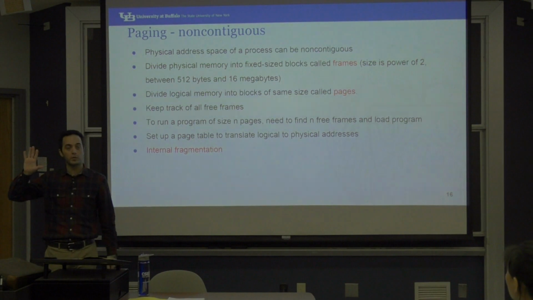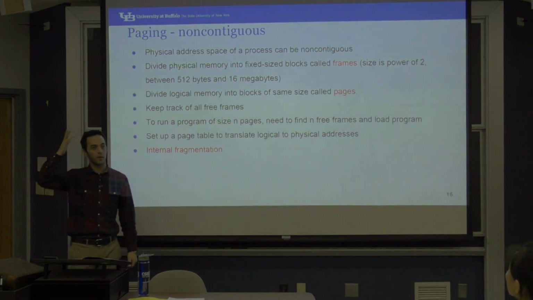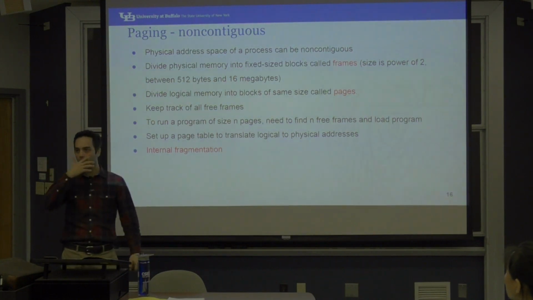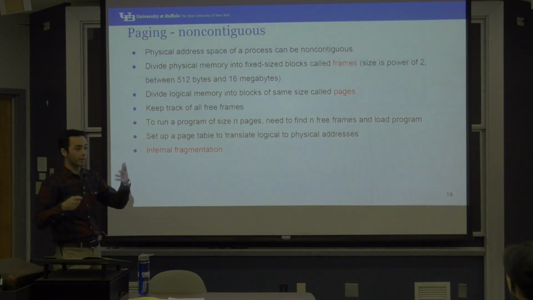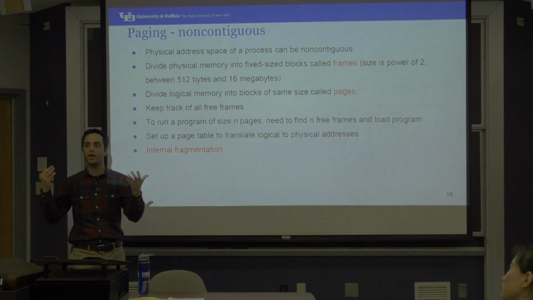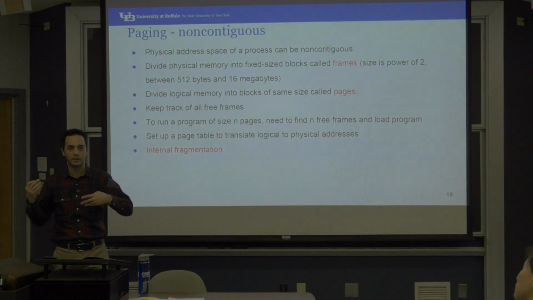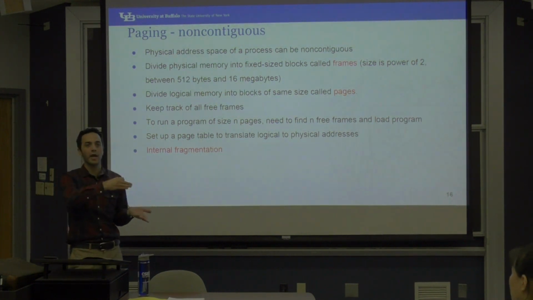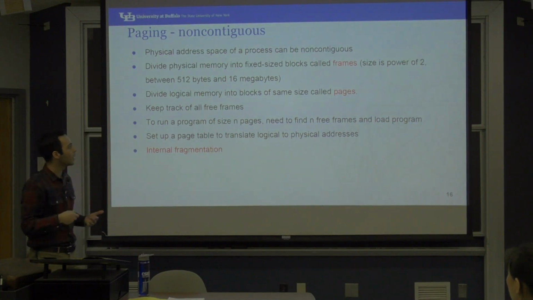Your logical space, which is also 4 gigabytes, is also divided into equal size pages, right? And your physical memory and your logical space don't have to match the same size.